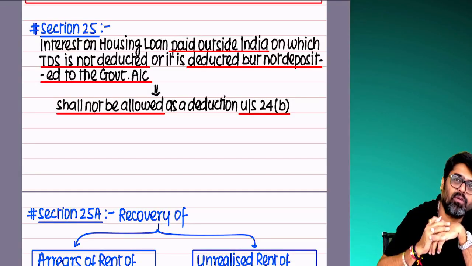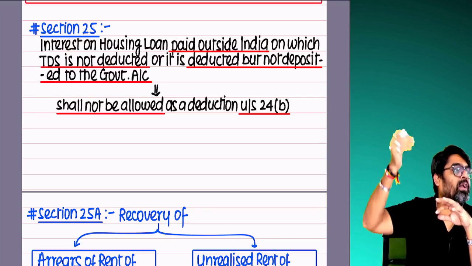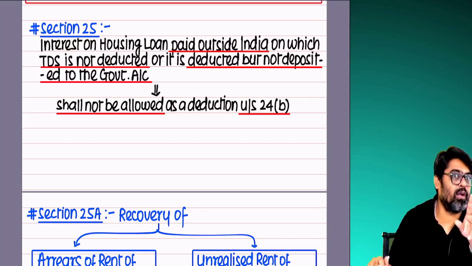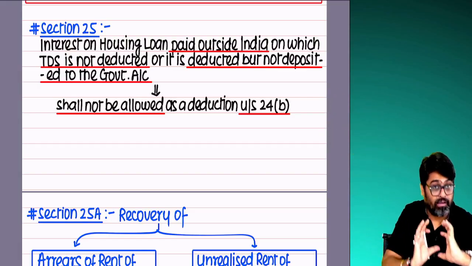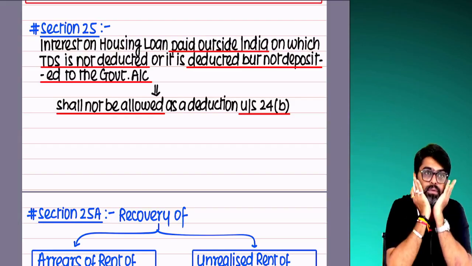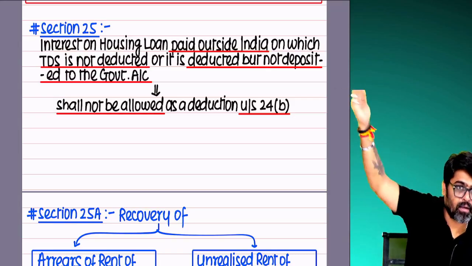Where is that person, you know? Outside India. The person outside India may be a non-resident or maybe RNOR, and that person is receiving interest from you. He is earning Indian income.